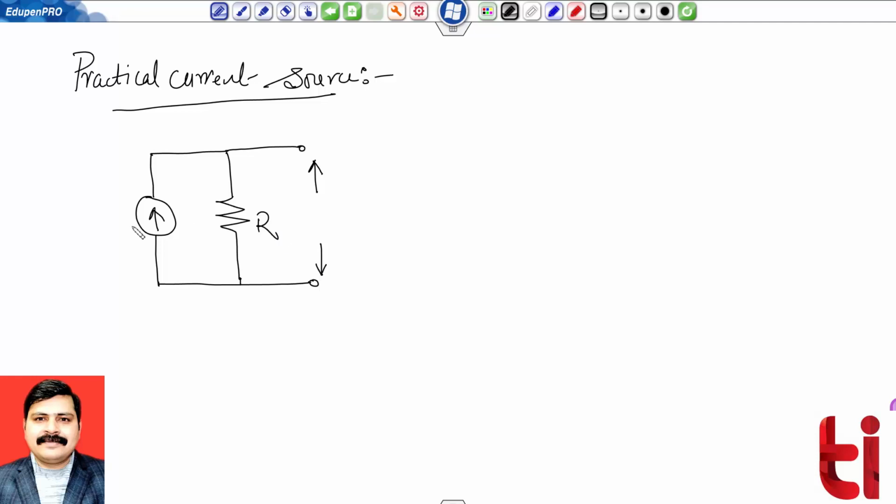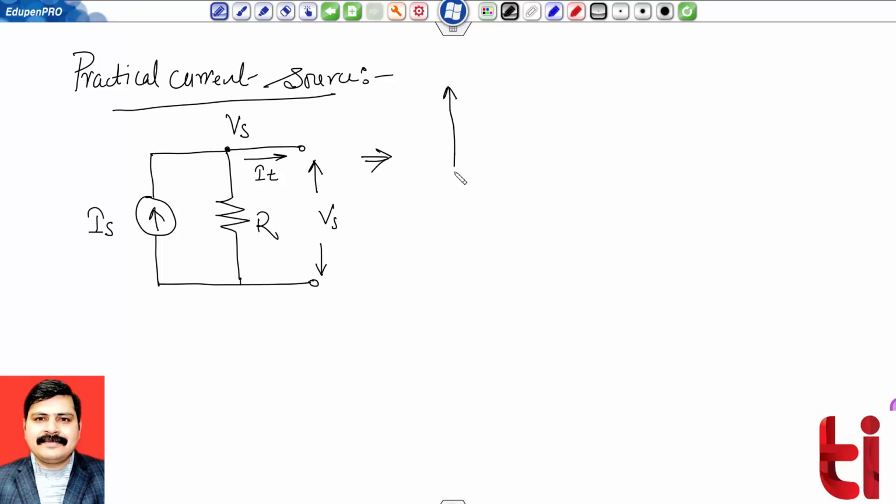This is the resistance R, this is my source current Is, and suppose the voltage at this node is my Vs, and this is my test current IT.